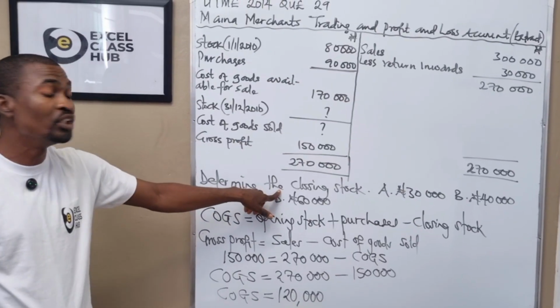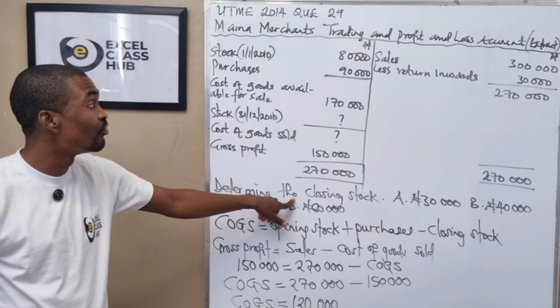Now that we have gotten our cost of goods sold, we can now determine the closing stock, which is the original question that we are given.